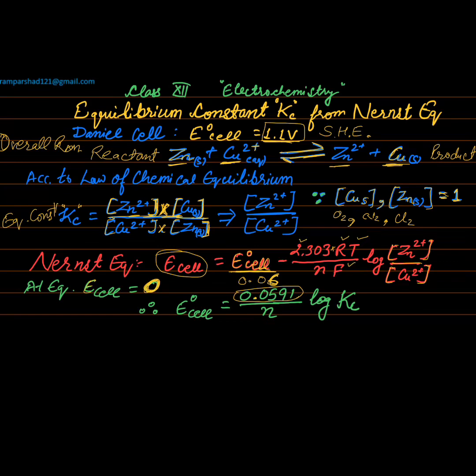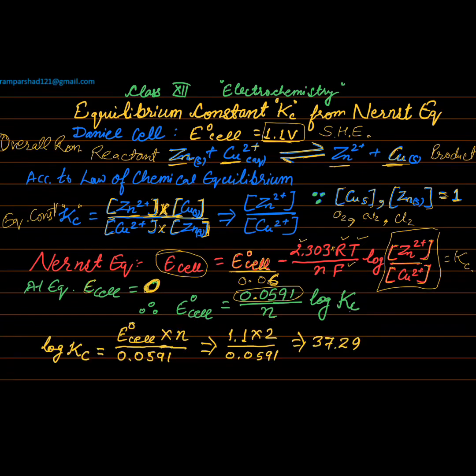Divided by N, number of electrons transferred, here you can write the value of N as 2, log Kc. When the concentration of the reactant and product becomes equal, then this value we can write as Kc. Next thing is we have to derive the formula in which we can calculate log Kc or ultimately the Kc.